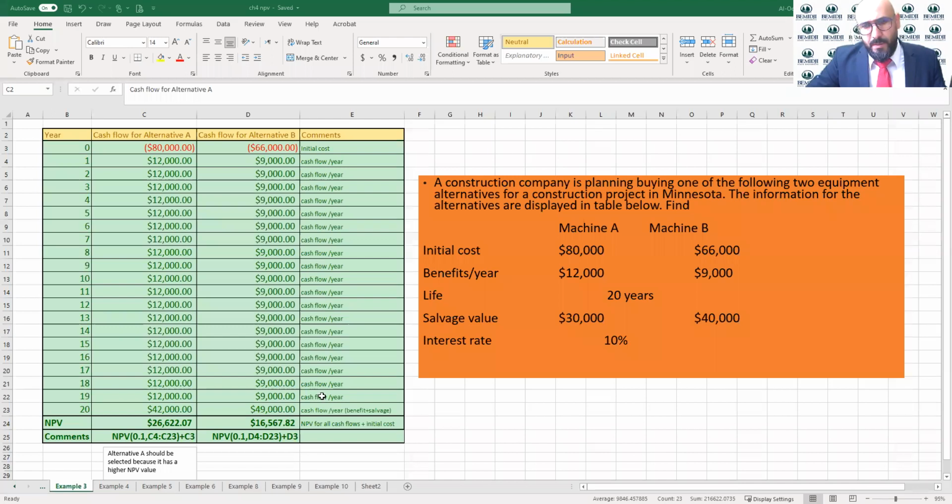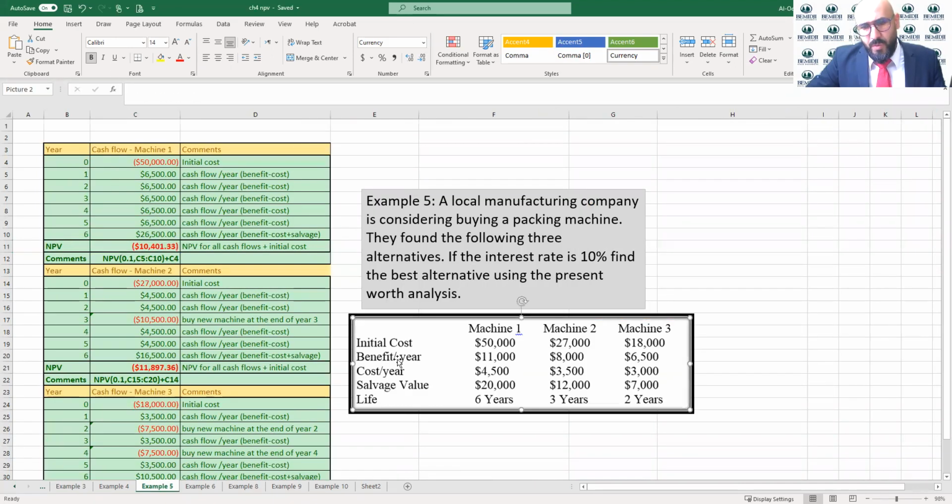Okay, so we have the initial cost, we have the benefit, we have the cost per year, we have the salvage value, we have the life as well. So we have 50,000, 27,000, 18,000. Benefit per year is 11,000, 8,000, 6,500. Cost per year is 4,500, 3,500, and 3,000.